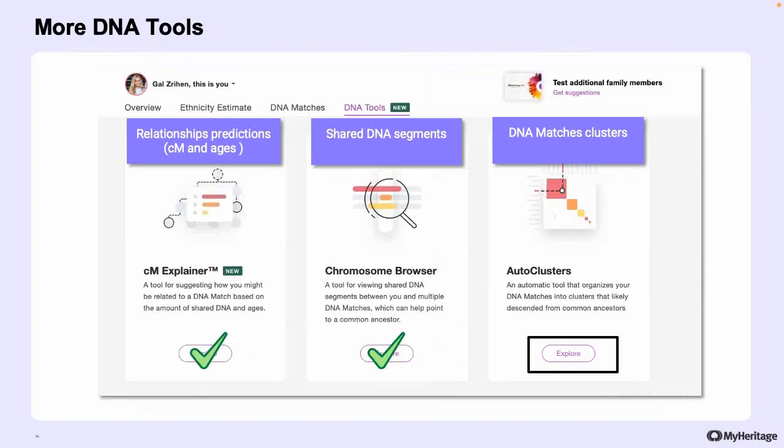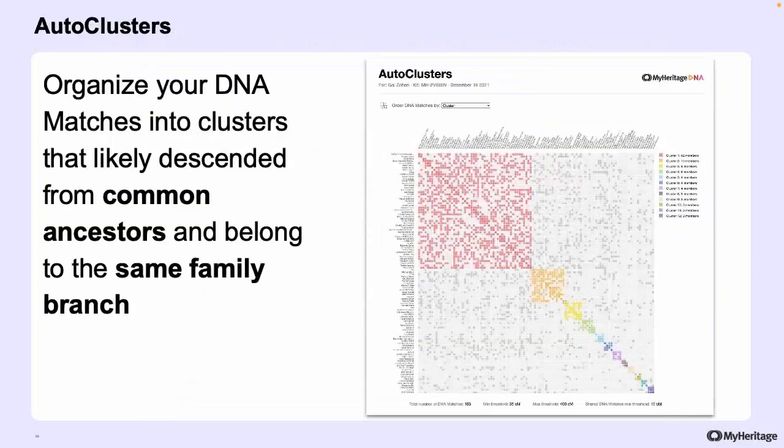Okay, so we covered the chromosome browser and learned how shared DNA segments can point us to a common ancestor. But there's also the autocluster. Autocluster is a tool that gives you DNA match clusters. And what does it mean?